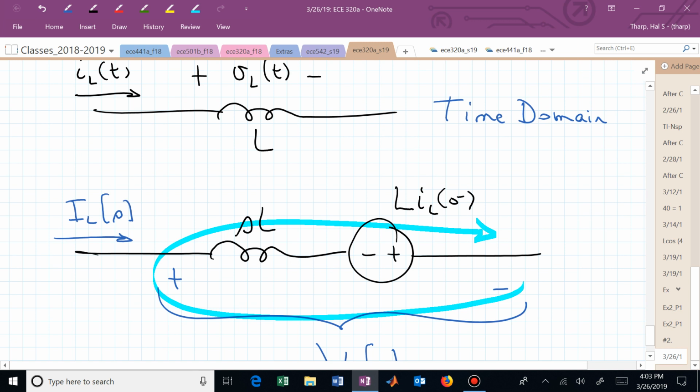And what kind of time domain waveform does that correspond to? What happens when you inverse Laplace a 1? You guys got this right, I think, on the exam.